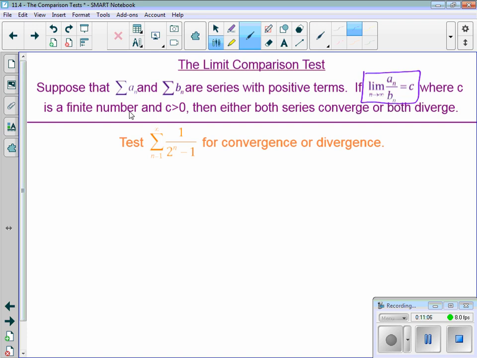And if c is a finite number that's greater than 0, so it doesn't go to infinity, okay, so it's got to be finite, and is greater than 0, then either both converge or both diverge. So then you can use maybe your p-series test or geometric to figure out whether it's converging or diverging there. And then the opposite one's going to do it as well. So our a sub n here is just what we're given in there.